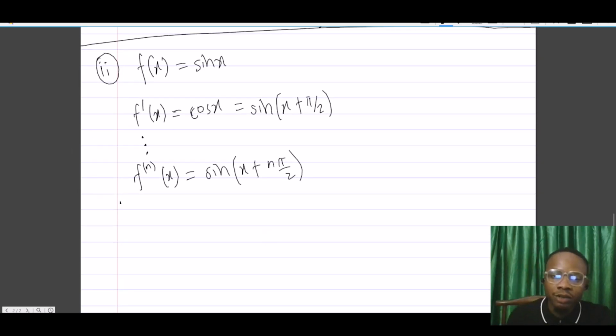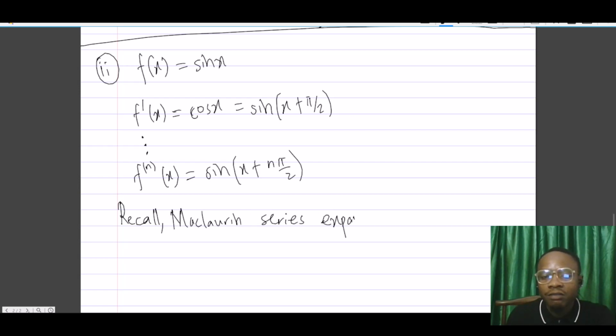Then again, we will recall the formula. We recall the Maclaurin series expansion of f of x.